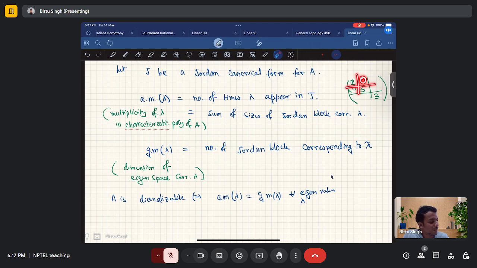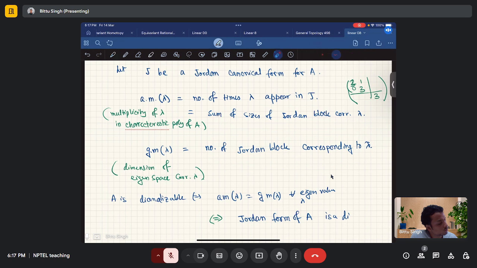So that means those 1s cannot appear, and we can separate those two things into individual blocks. So this is if and only if the Jordan form of A is a diagonal matrix.